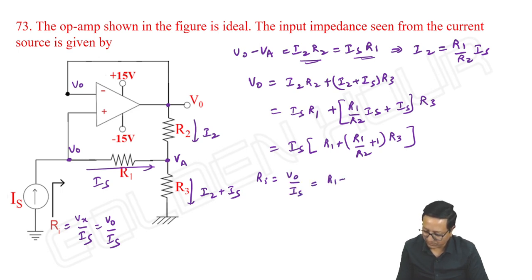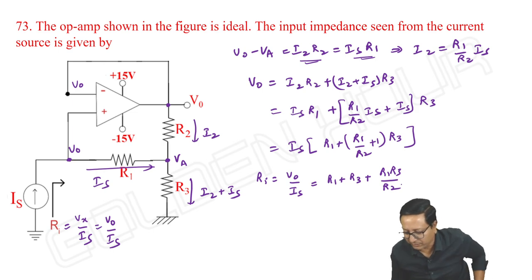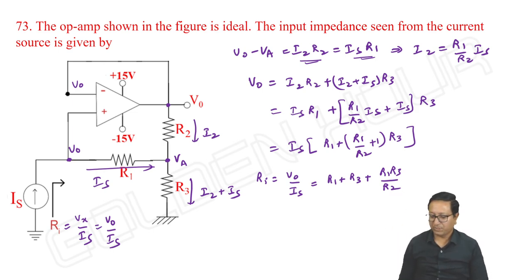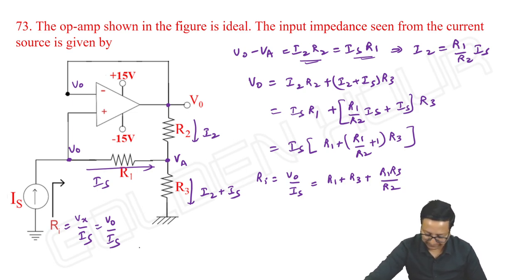It is equal to R1 plus R3 plus R1 R3 by R2. Or we can leave it like this, R1 plus (R1 by R2 plus 1) into R3. Anything we can write like this. This is the idea. Like this, we can find the equivalent resistance.